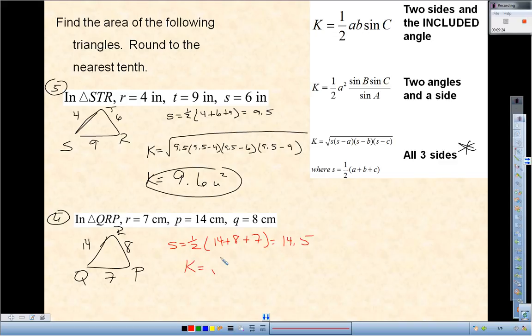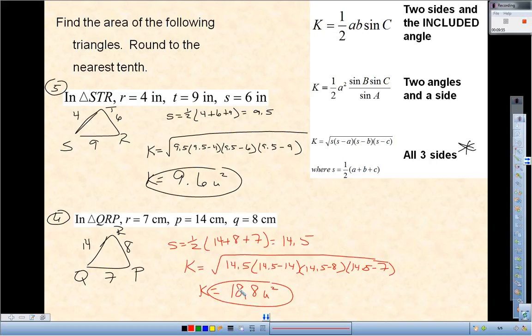To find my area, I do 14.5 times 14.5 minus 14 times 14.5 minus 8 times 14.5 minus 7. It does take a little bit of time to type all this in, but once you do, I get an answer of about 18.8 units squared. That's the end for today's lesson.